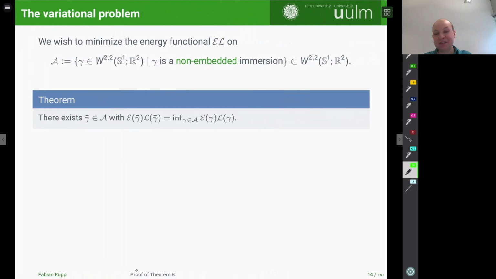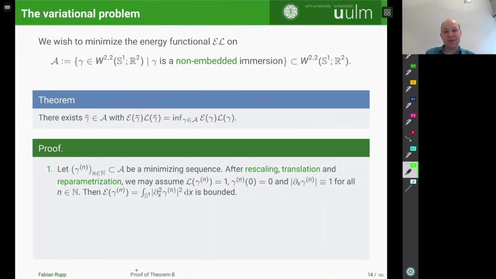So here is the existence theorem. First, there exists a minimizer gamma bar of this energy E times L in the set A. So the infimum is attained for this gamma bar. And how do we prove that?